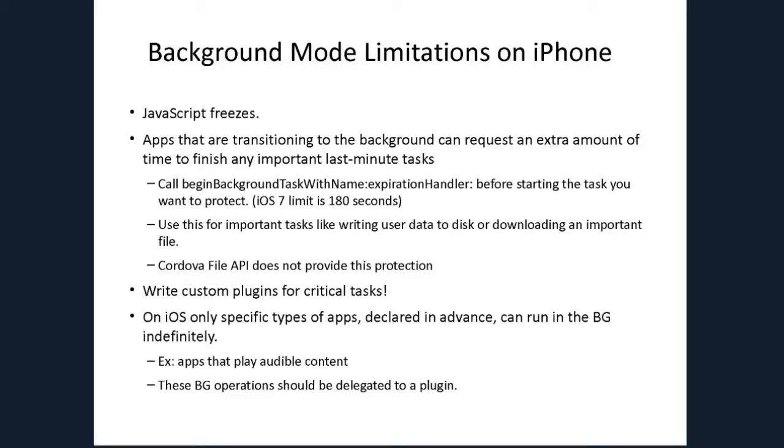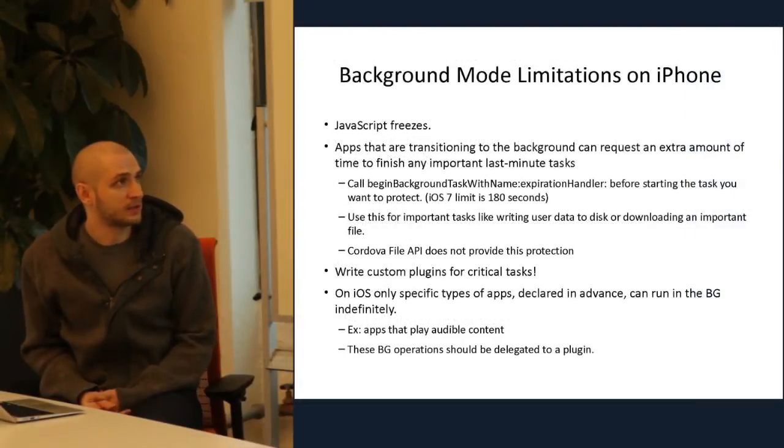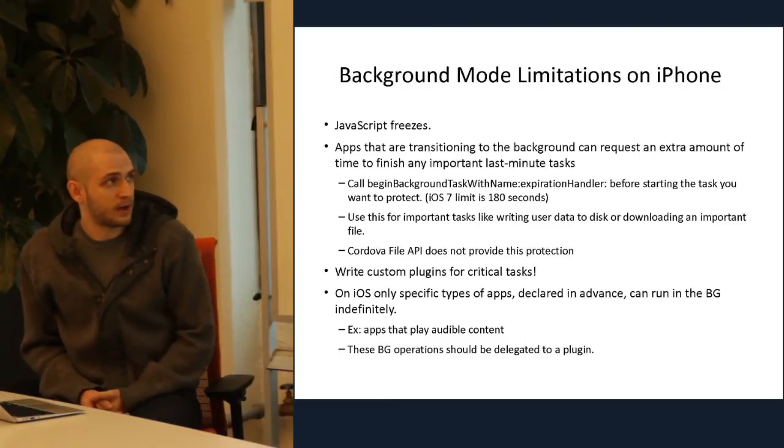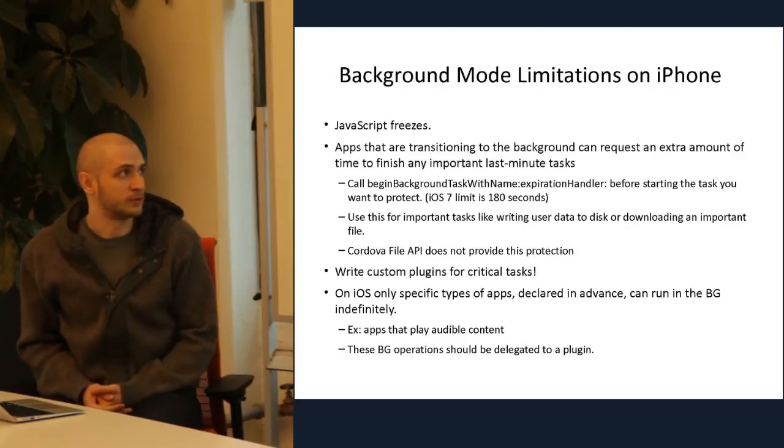So if you've got something going on that has to finish, even if you go into background mode on iOS, you can request an extra 3 minutes to complete things, like if you're writing user data. The Cordova File API does not provide this protection, so you'd want to do a custom plugin if you were doing something like that.